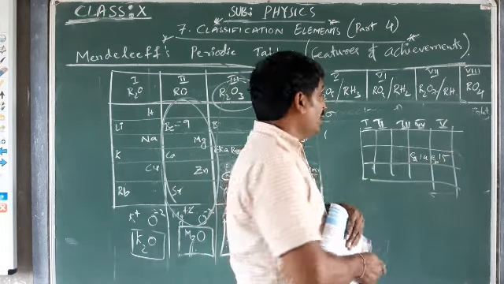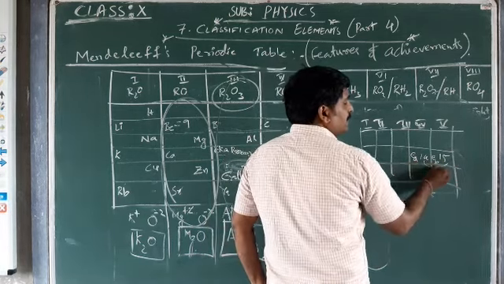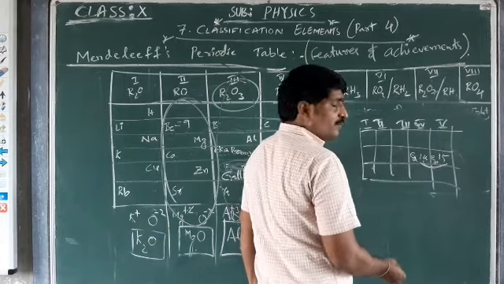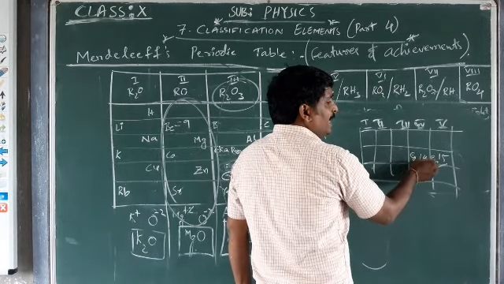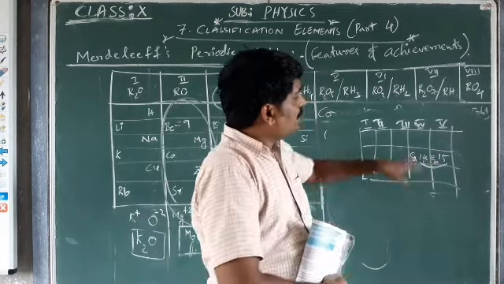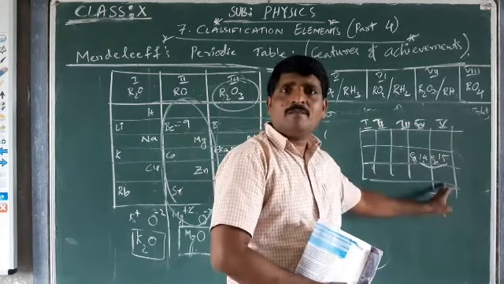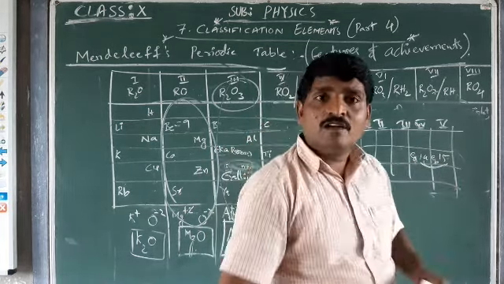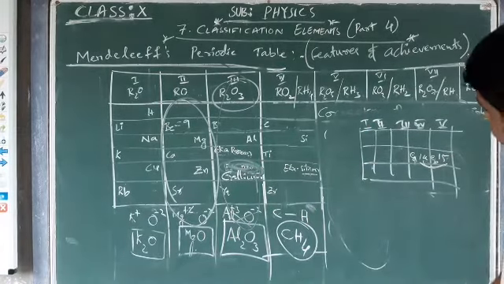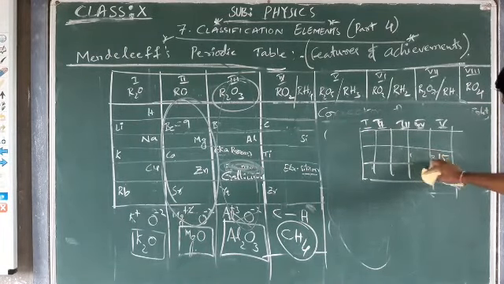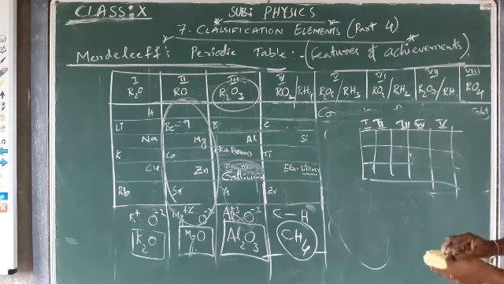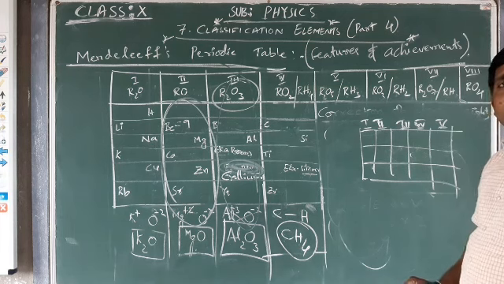If they are arranged according to the ascending order of the atomic weight, EA does not have the properties of the fourth group, and EB does not have the properties of the fifth group. If they do not, what he did was change this. He made a rearrangement, even though it is not satisfying the rule that all elements should be arranged in ascending order of atomic weights.